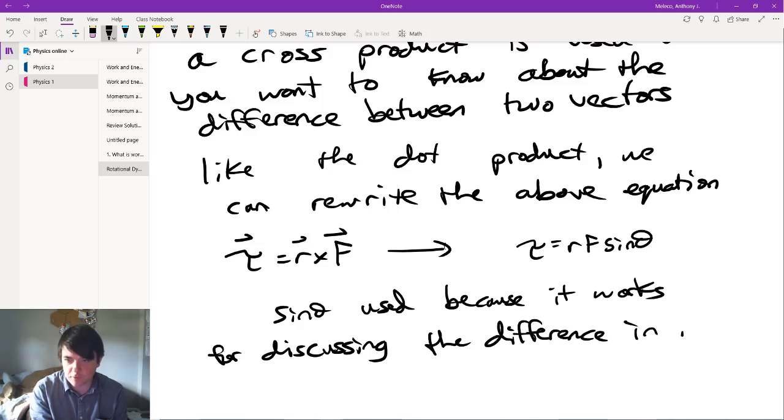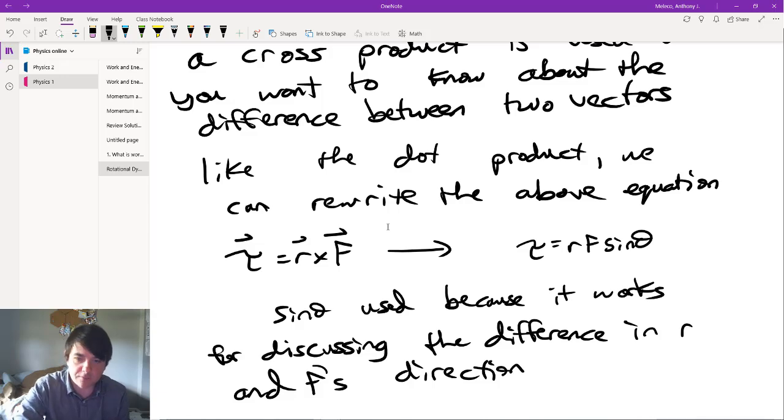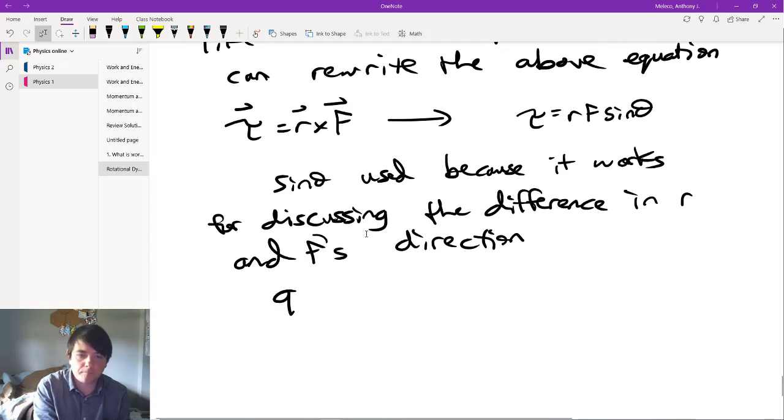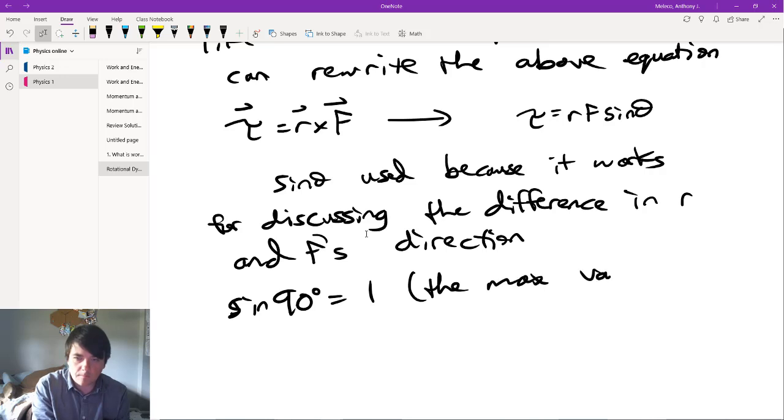The difference in R and F's direction, 90 degrees, gives the max value for sine theta.